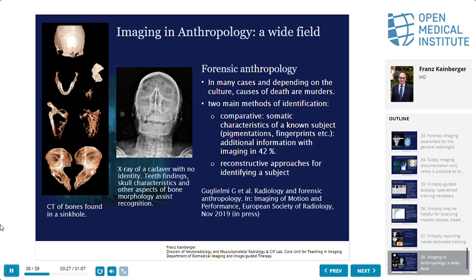My experience is that whenever we did CT of bones dug out somewhere in the ground, the probability that a person was murdered and did not die from natural causes in prehistoric times is almost 100%. We always could find indicators of a murder.